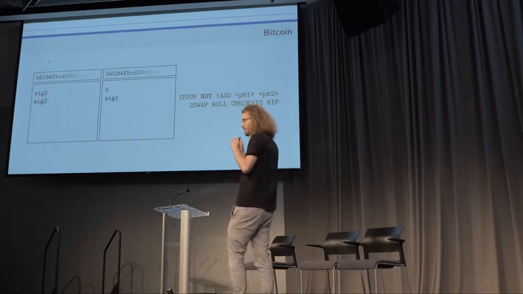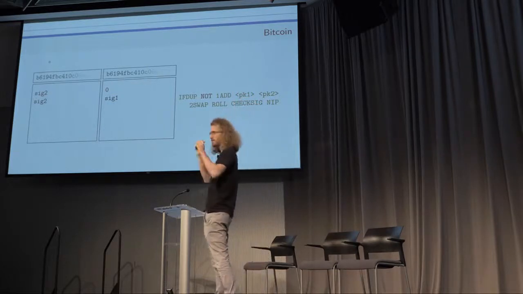There's 2 opcodes there. Size takes the number of bytes that something is, that a stack element is. Equal verify checks the 2 things are equal. So size equal verify. If you run that on the empty string, the size is 0, which is also the empty string, and equal verify will pass, right? Empty is empty. If you give it 1, the size of 1 is 1, so it will pass.